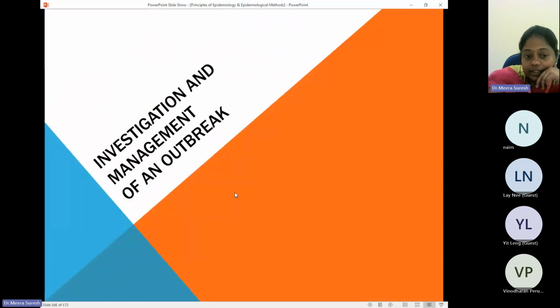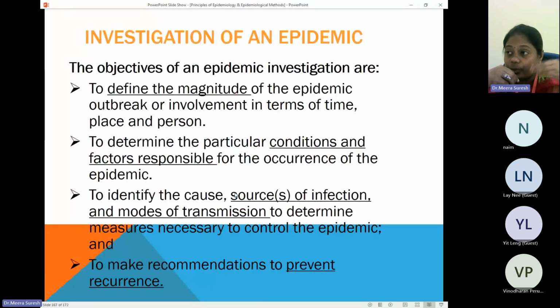And now, investigation and management of an outbreak. So what happens when there is an outbreak? How is the investigation done, and how can the management be done? You can also write this answer with what happened during COVID-19, the process that was followed during COVID-19.